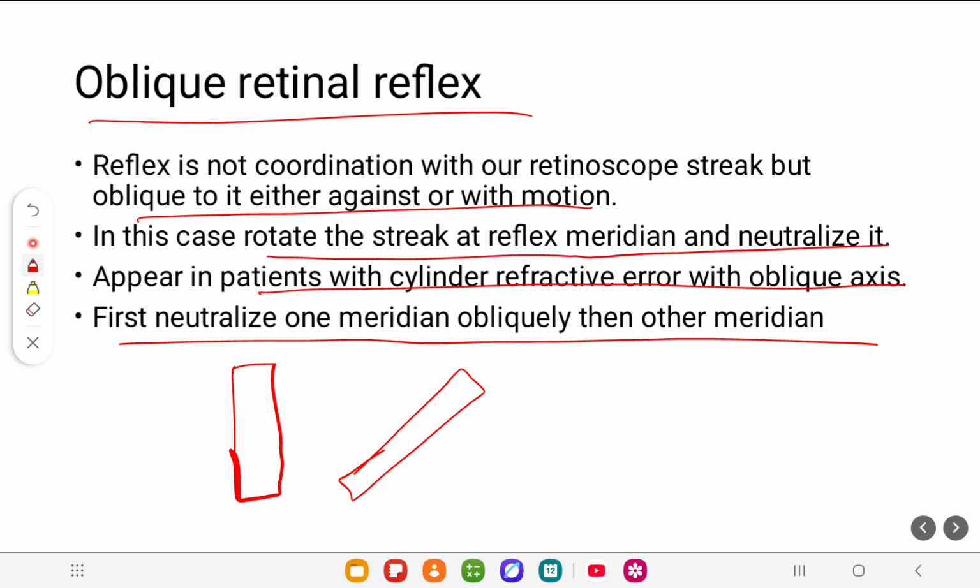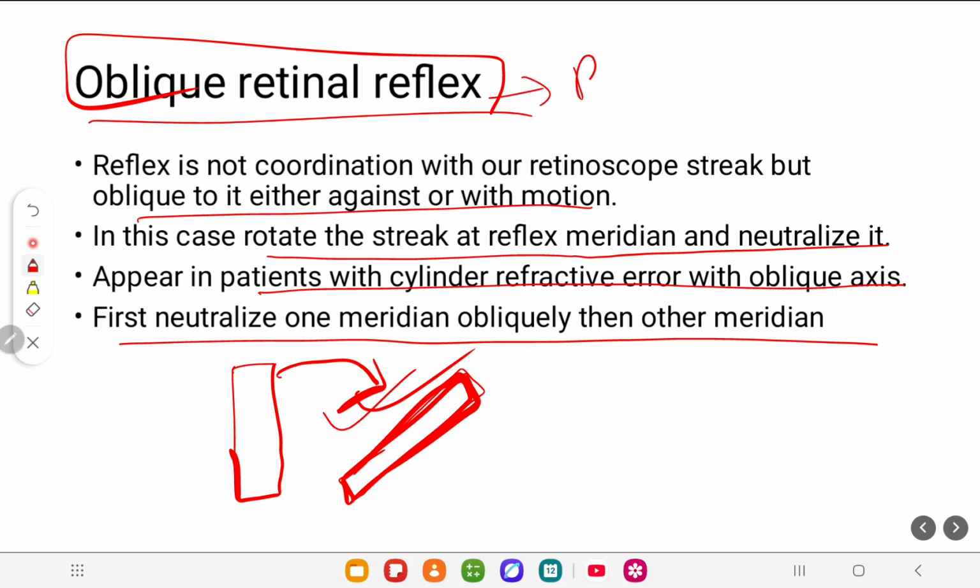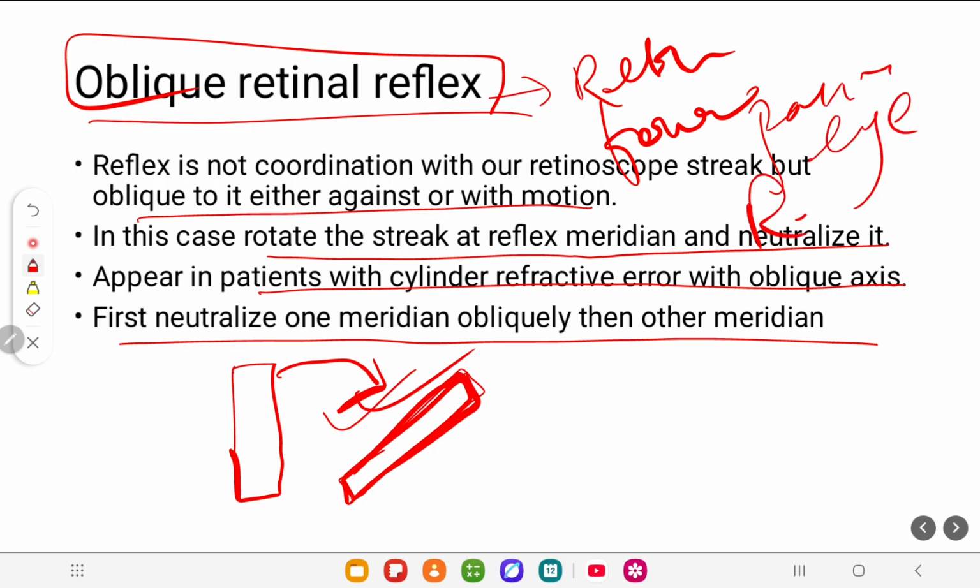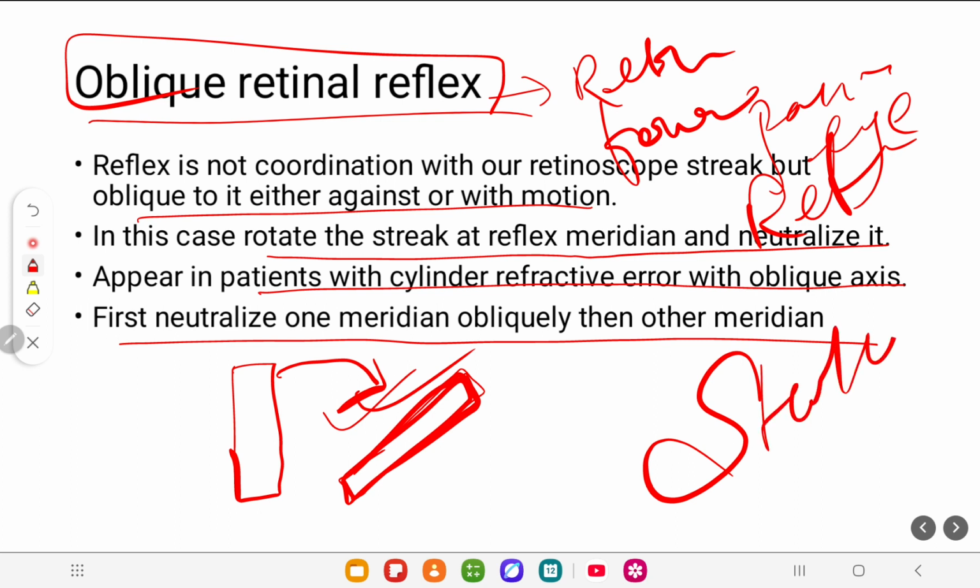So in that case just turn your retinoscope streak to the same as the reflex. At that point you see the reflex become thinner and brighter, and then you know that you are in the correct axis. So it's centrally important to see the oblique retinal reflex, because the reflex always follows the patient's eye refractive status. It doesn't follow that if you throw it vertically, the reflex should come vertically. It doesn't happen like that.